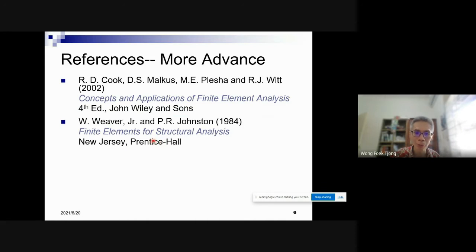It's an old book, 1984, but I think it's still relevant for structural analysis and still good. So I included it here, but this is a little bit advanced. There are some materials that are quite advanced, maybe a little bit difficult for a first-time learner. So that's about references.